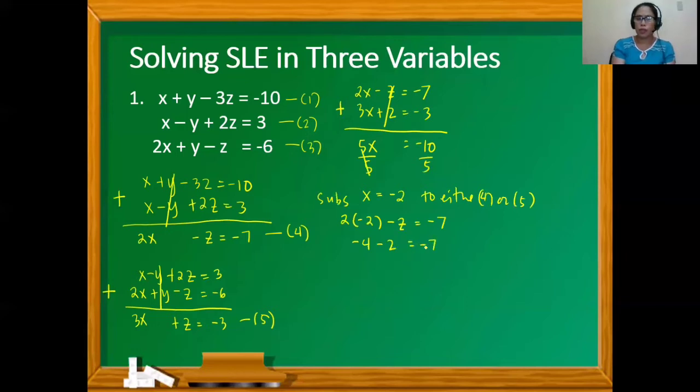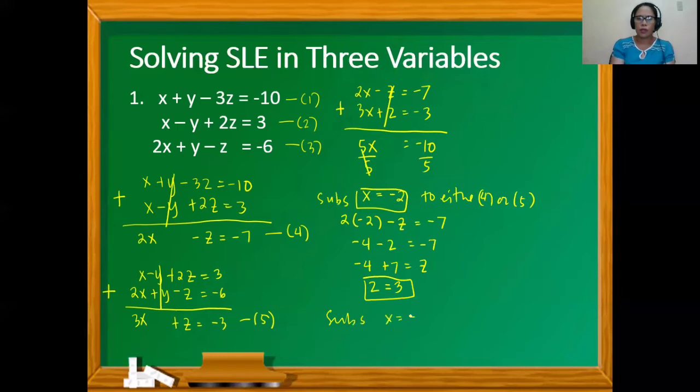We can transpose negative z to the other side and negative 7 to this side, so we have negative 4 plus 7 equals z. Negative 4 plus 7 is the value of z, and that is 3. So we now have x equals negative 2, z equals 3.